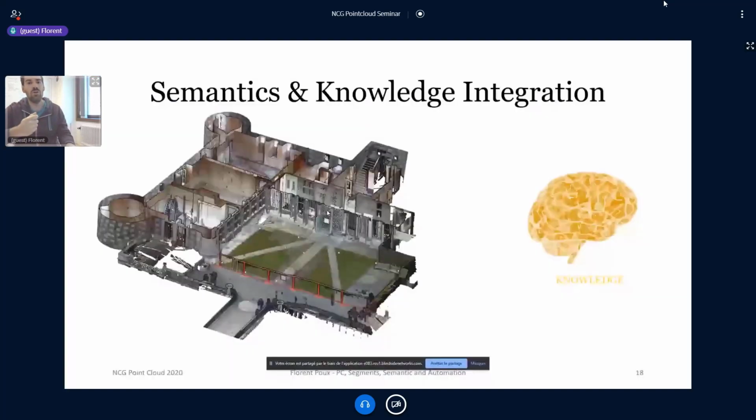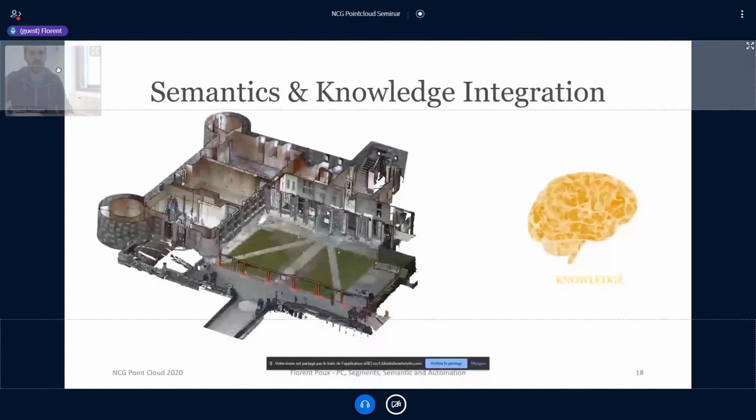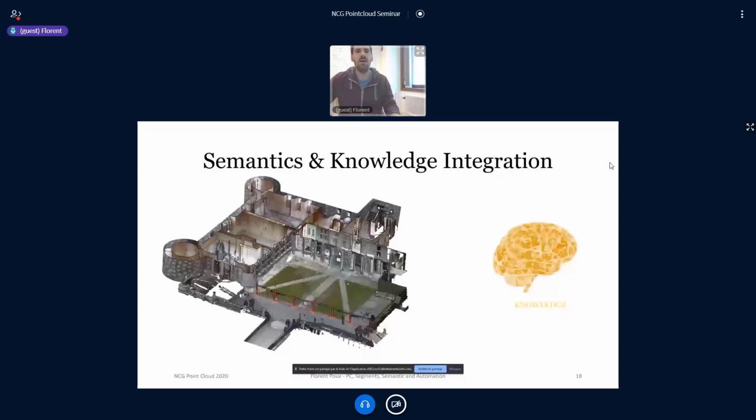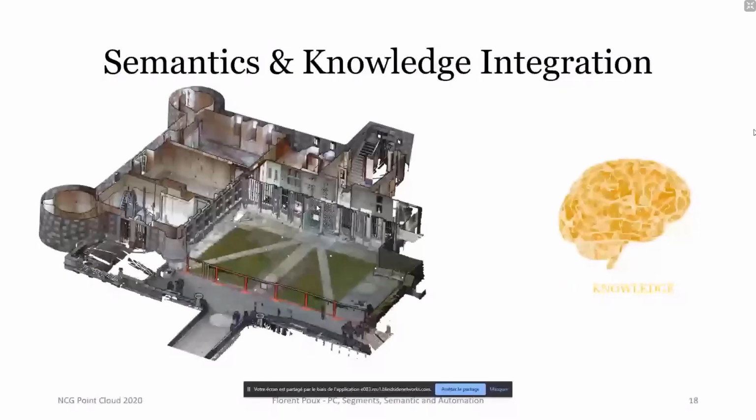And the main struggle, of course, for getting this high level is how can we integrate semantic and knowledge within this data set. So what's happening today is that we have a point cloud as a support mainly, and we will have the expert behind the computer that has knowledge, and he will use the point cloud to extract a product like a floor plan, a mesh, or a simulation.